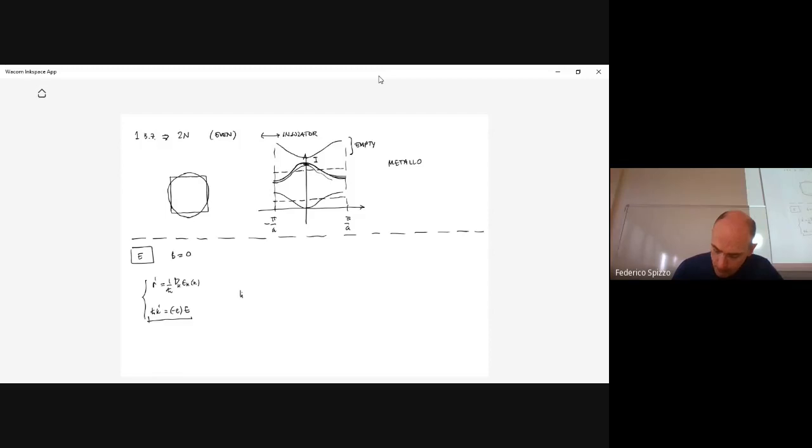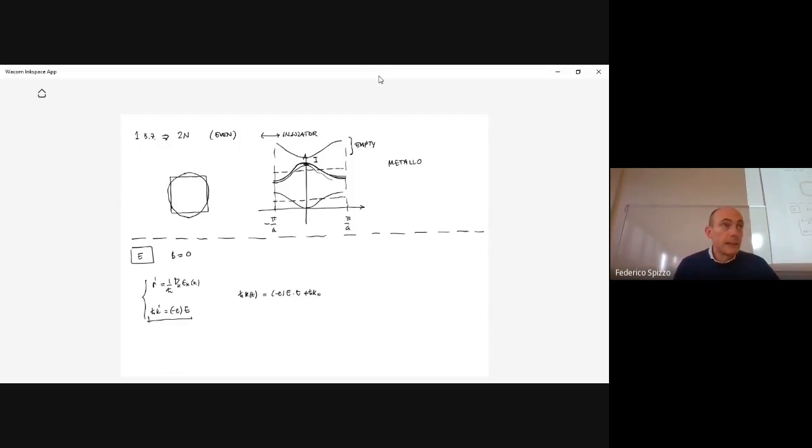At this point, we may obtain the equation for k: h bar k of t is equal to minus e times E times time, plus h bar k0.